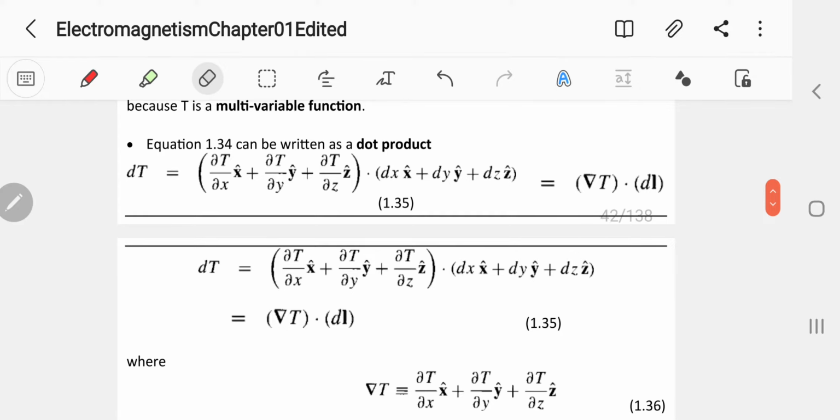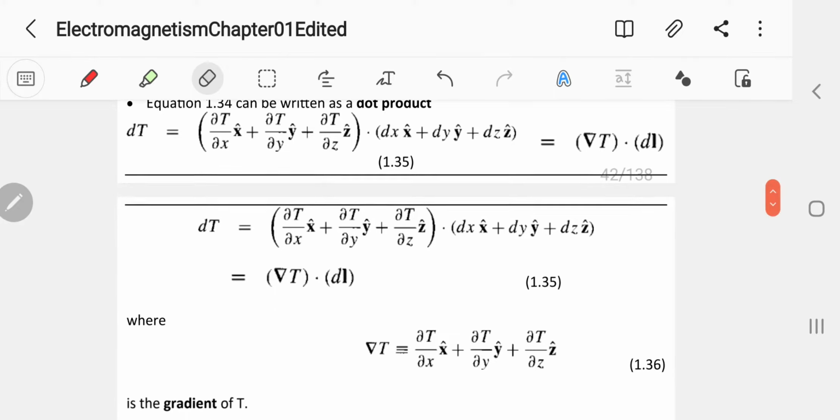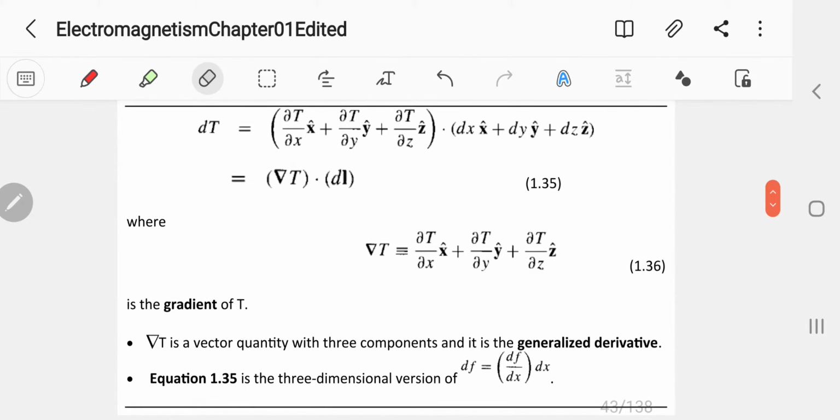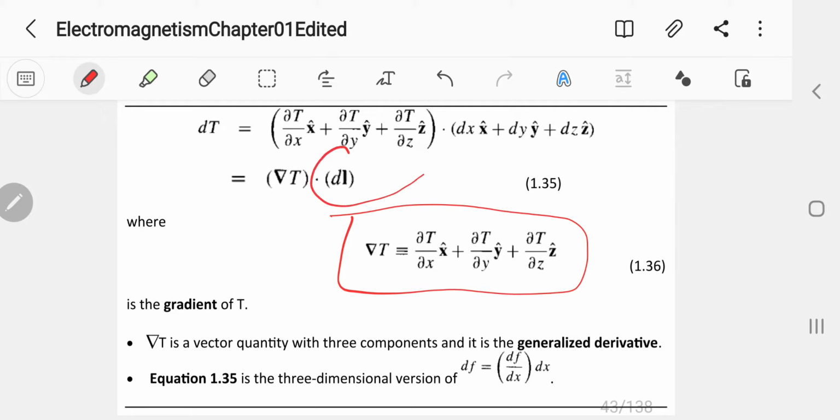So it's just a repetition. Anyway, your del of T would be this one, and your dl is of course this one. And the del of T is actually the generalized derivative.